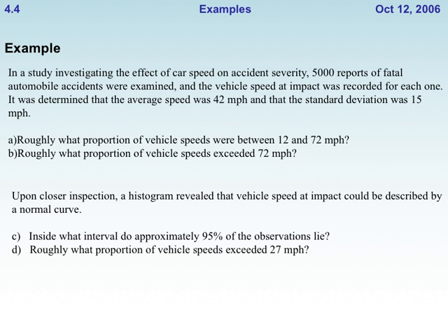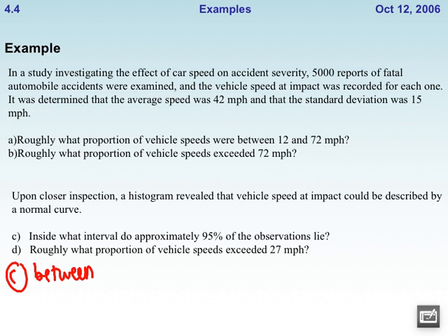Next one. Upon closer inspection, a histogram revealed that vehicle speed at impact could be described by a normal curve. What are they telling us? Use the empirical rule. Inside what interval do approximately 95% of observations lie? 12 and 72. Yeah. 95% is 2 standard deviations, which we already calculated up here.